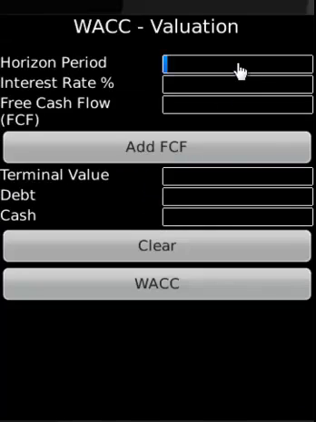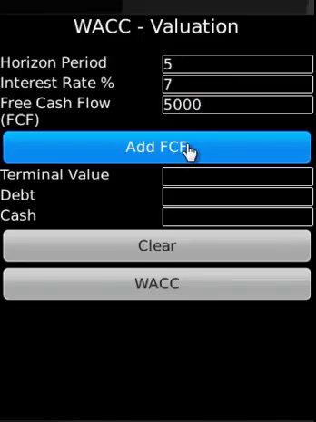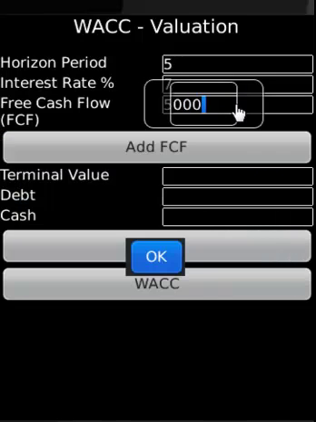The WACC valuation, here we enter the weighted average cost of capital valuation. We enter the horizon period, so horizon period is 5 years, and then the interest rate or the discount rate is 7%, free cash flow is 5,000, and we keep adding free cash flows.